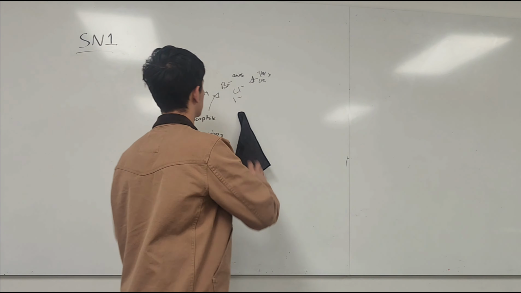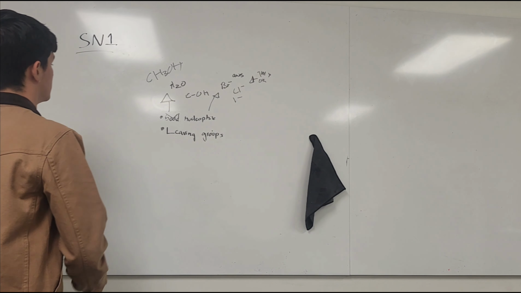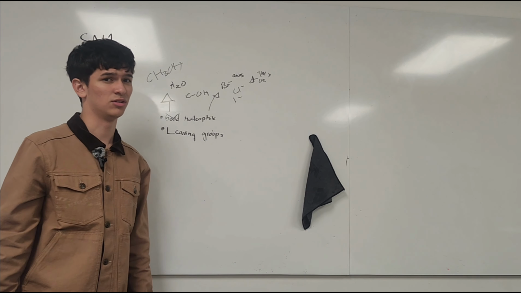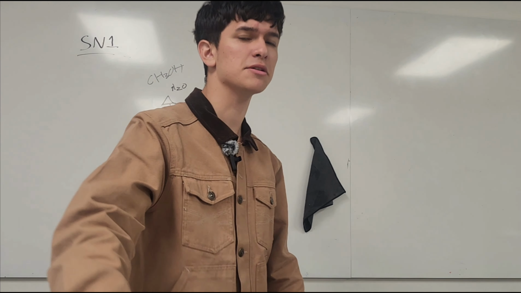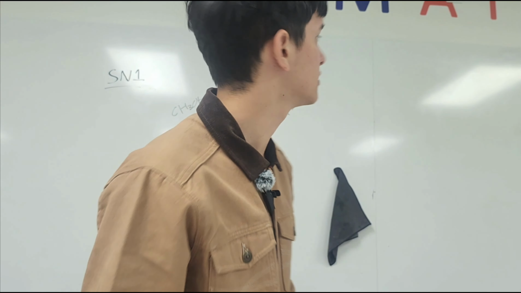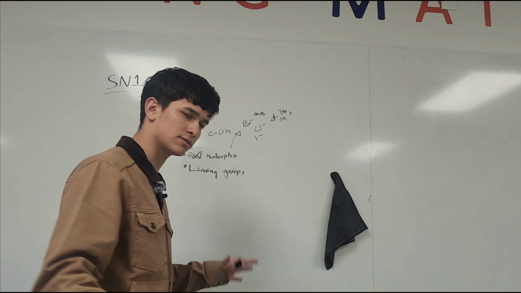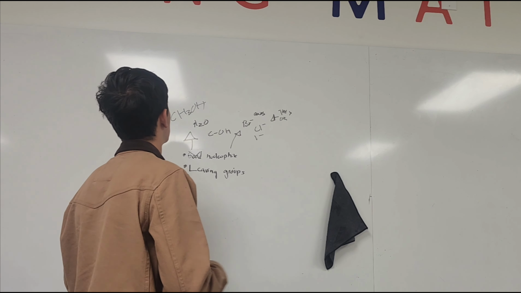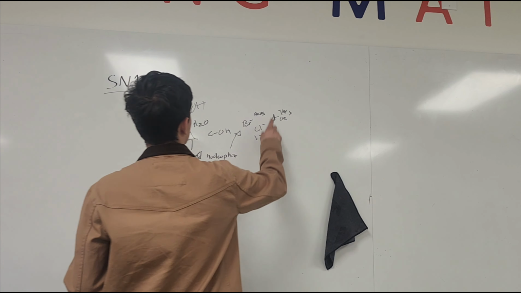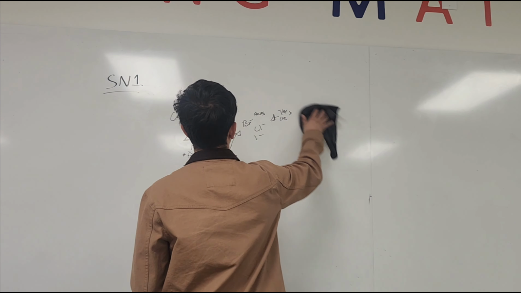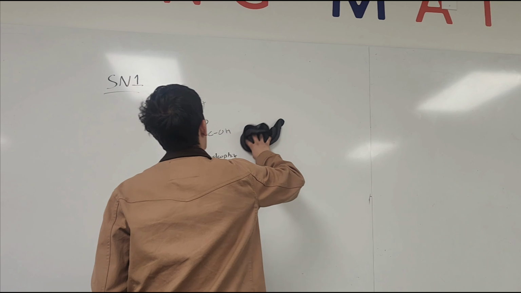Enough tomfoolery. SN1 characteristics: they don't need to be good nucleophiles. What did we say about nucleophiles? Nucleophiles are bases. So anions of halogens are good nucleophiles, but they don't have to be.